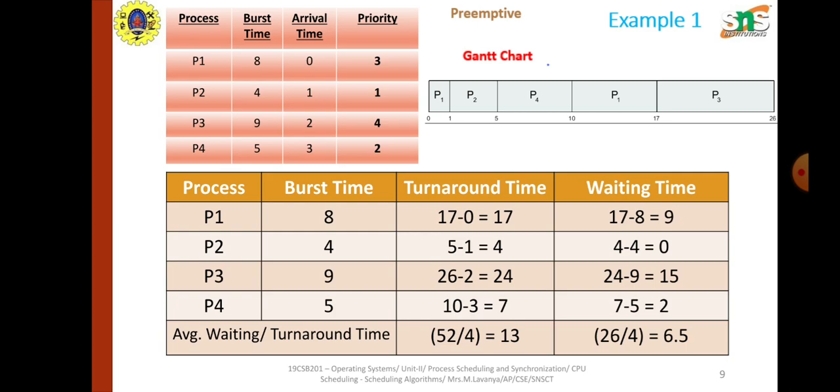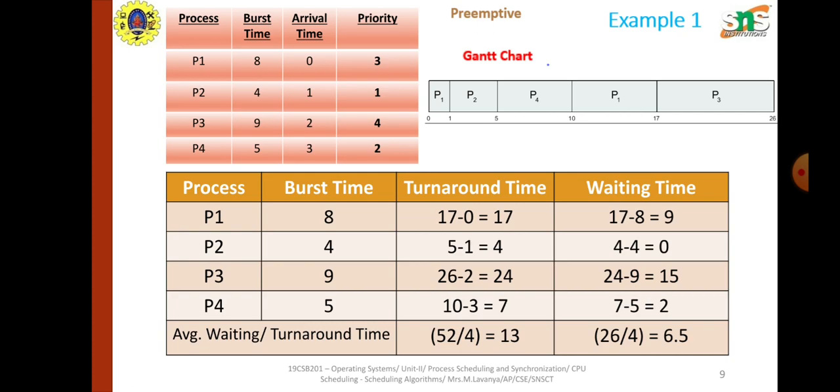For P2, completion time 5 minus arrival 1 equals 4. For P3, completion time 26 minus arrival 2 equals 24 milliseconds. For P4, completion time 10 minus arrival time 3 equals 7.